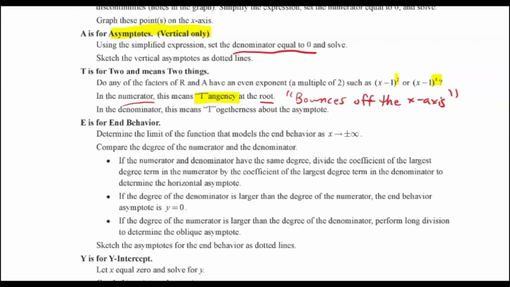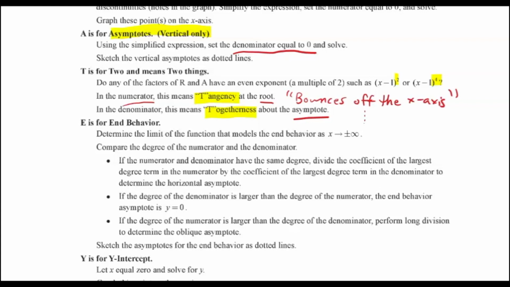Now, if the denominator has an even power on one of its factors, you have something called togetherness about the asymptote. Because again, down bottom, those factors give you asymptotes. And so if one of those has an even exponent, then you have what's called togetherness about that asymptote.